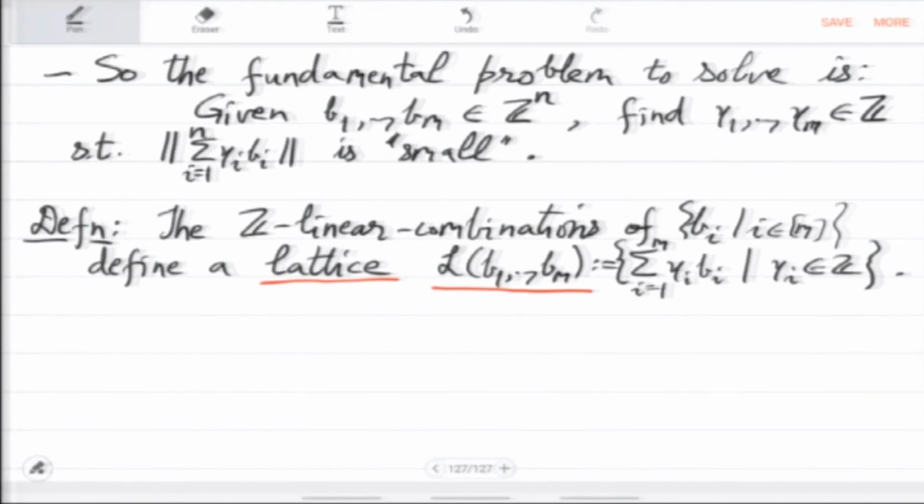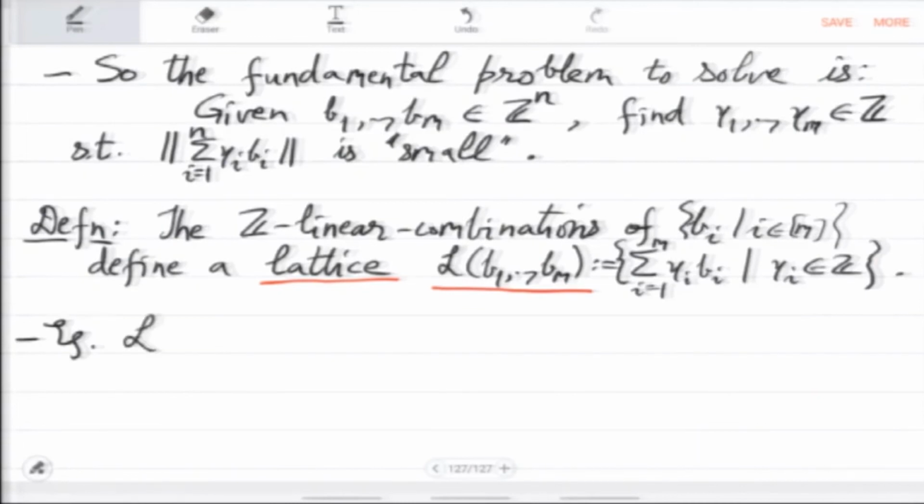Okay, so for example, how does a lattice look pictorially? A one-dimensional vector space is just the real line, and a two-dimensional vector space is the real plane. In the same spirit, what is the picture for one-dimensional and two-dimensional lattices?